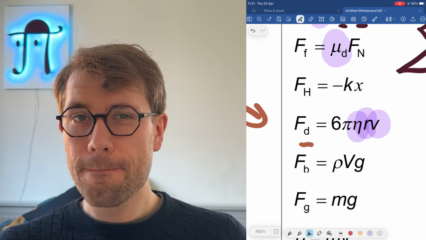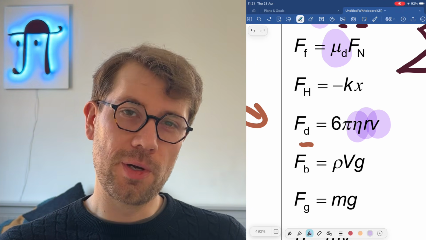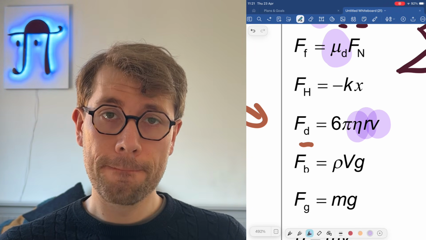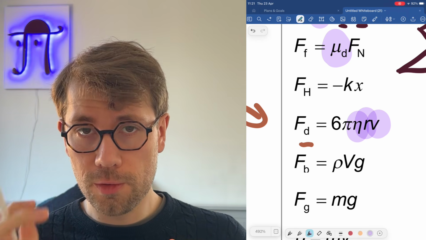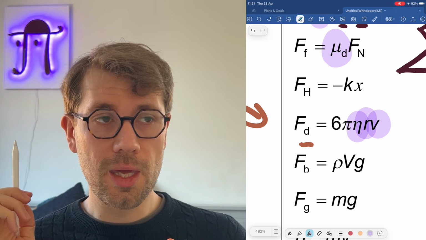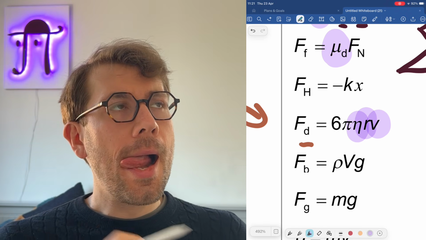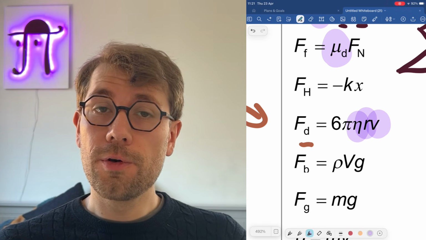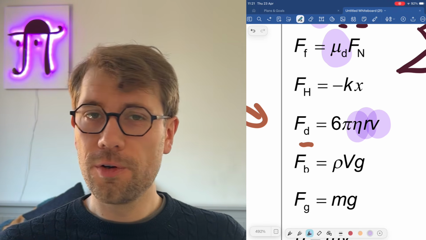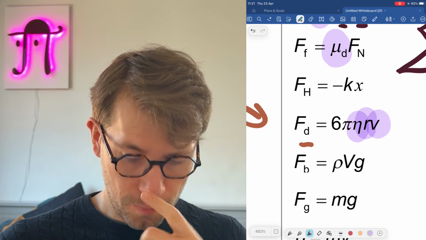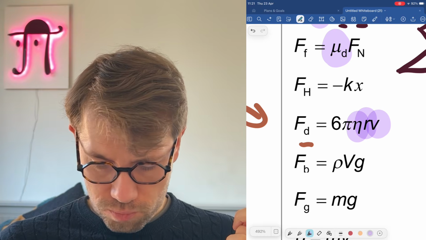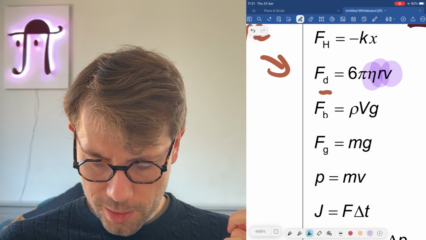Now, generally, we're going to be talking about terminal velocity for these experiments. Because once you get a terminal velocity, as I mentioned before, constant velocity means a zero resultant force. And once we've got zero resultant force, then we can do maths a bit easier. And after that, that's all we really need to know about that.